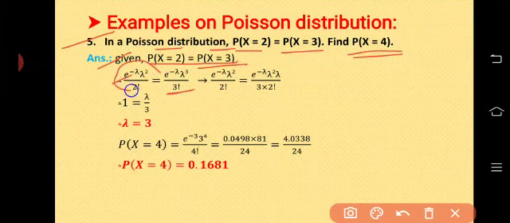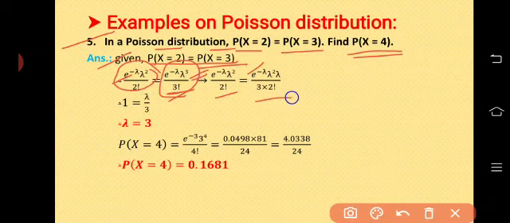Now this term we will write as it is, that is e raised to minus lambda into lambda square divided by 2 factorial. But on this side we will write e raised to minus lambda as it is, lambda raised to 3 as lambda square into lambda, and 3 factorial as 3 into 2 factorial.